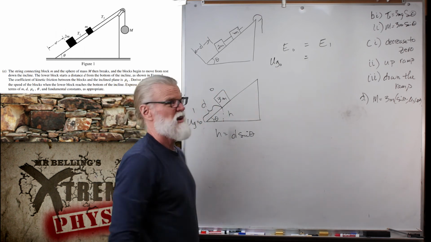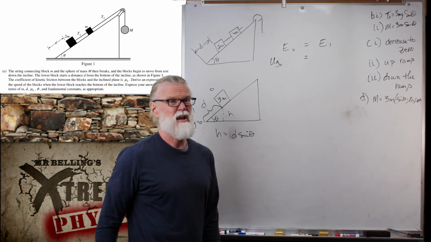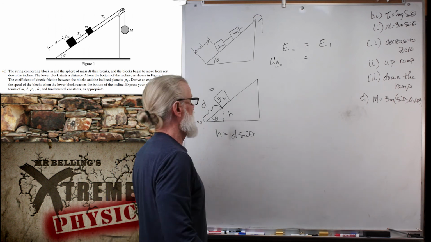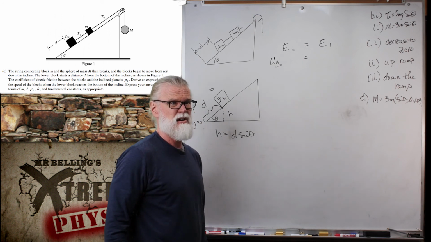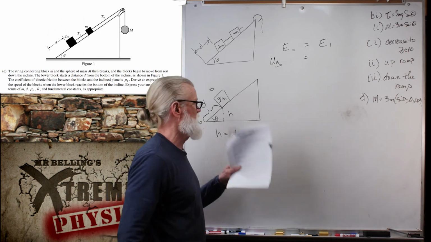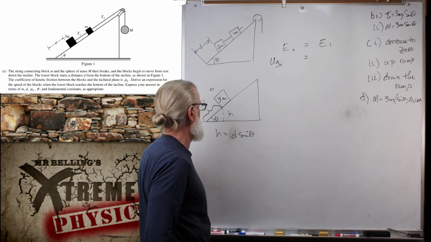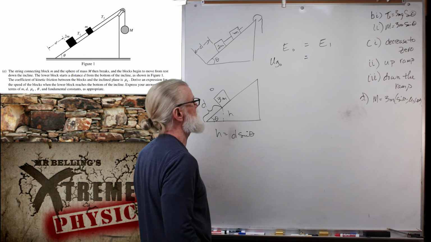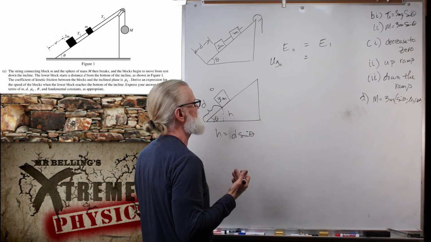Is it moving? No. Is there work being done? No external work, because we're going to include the Earth in the system. The Earth is pulling on it, and it's pulling on the Earth, but that's internal, and we've taken that into account with our gravitational potential energy. It's not moving, so that's all we have on this side.